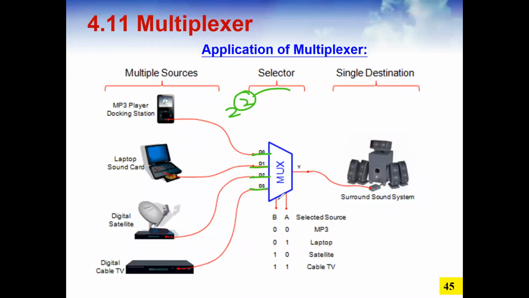With 2 selection lines, their combinations will be 0 0, 0 1, 1 0, 1 1. Getting my point?